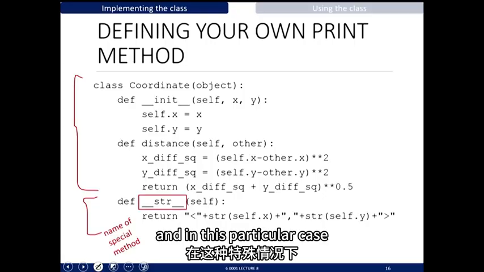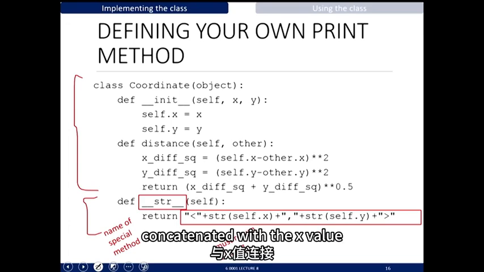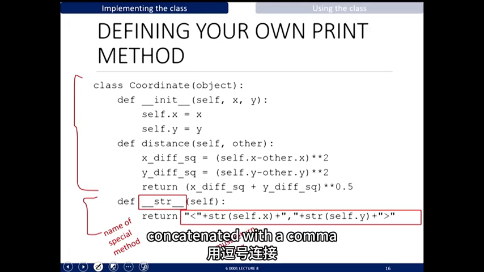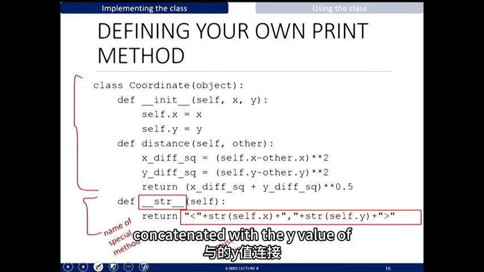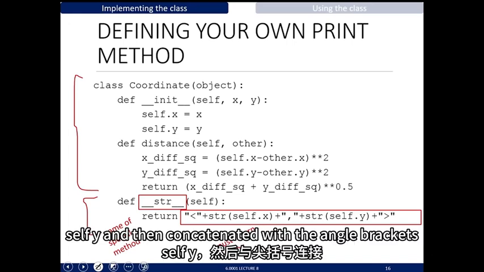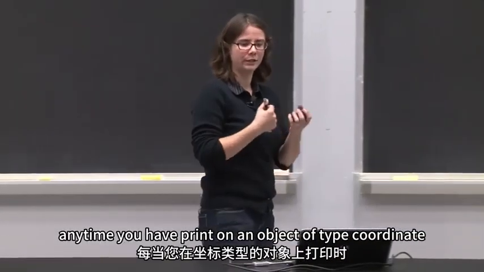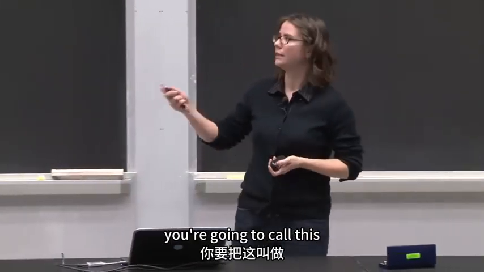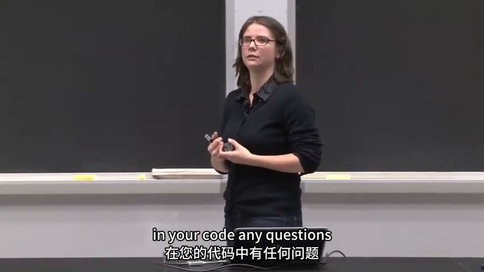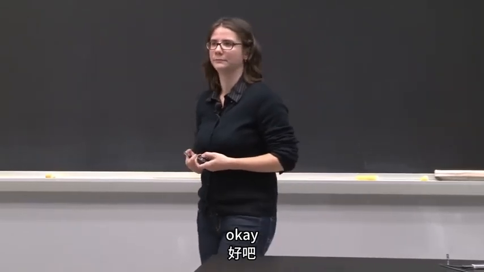And in this particular case, we're going to return the string that's the angle brackets concatenated with the x value of the object, self.x, concatenated with a comma, concatenated with the y value of this particular instance of an object, self.y, and then concatenated with the angle brackets. Okay? So now anytime you have print on an object of type coordinate, you're going to call this special method __str__ if it's implemented in your code. Any questions? Okay.